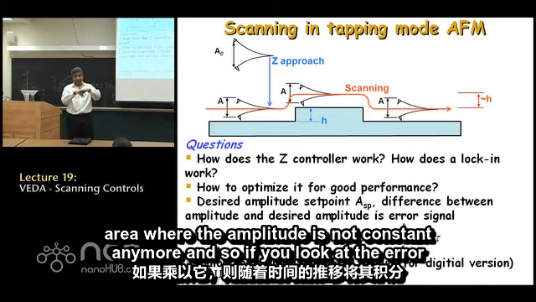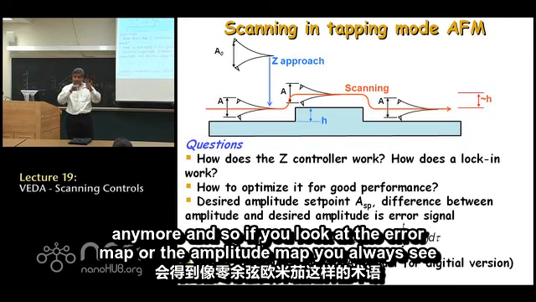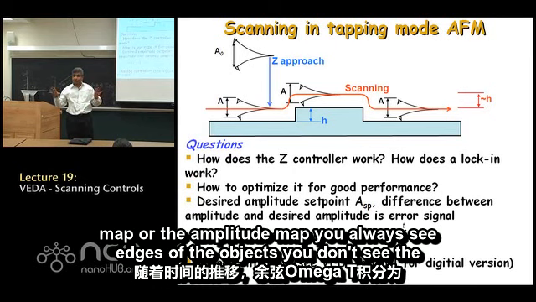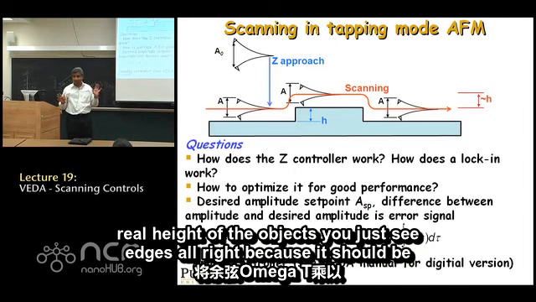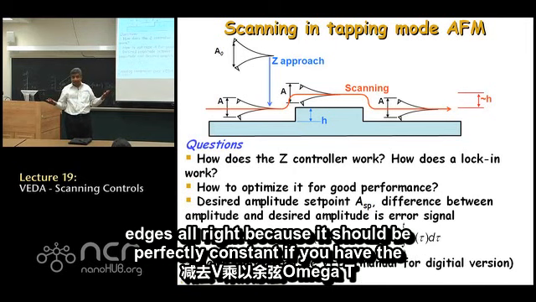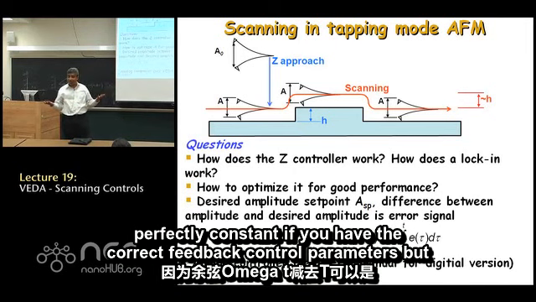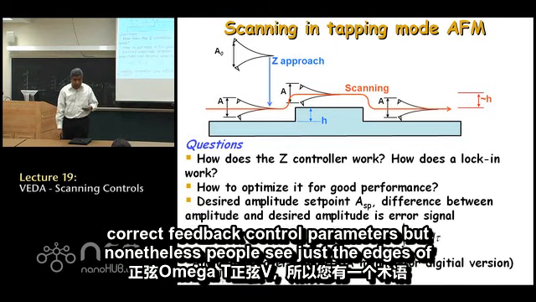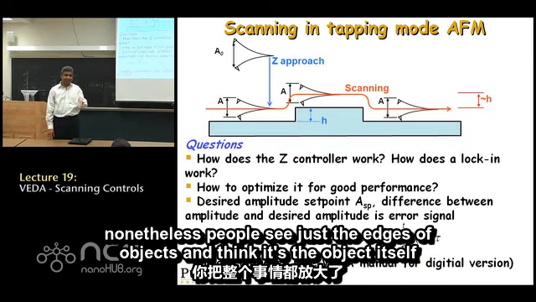And so if you look at the error map or the amplitude map, you always see edges of the objects. You don't see the real height of the objects. You just see edges, right? Because it should be perfectly constant if you have the correct feedback control parameters. But nonetheless, people see just the edges of objects and think it's the object itself.